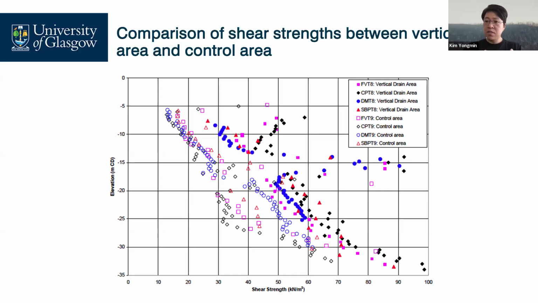But it's just a statement. How do we quantify the consolidation effect? Of course, we can measure the settlements and excess water pressure. But an intuitive way is to check the soil's shear strength.